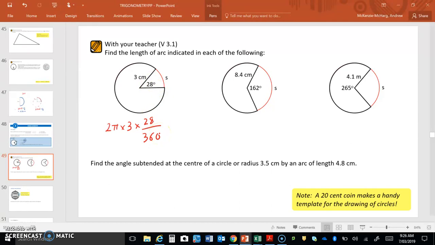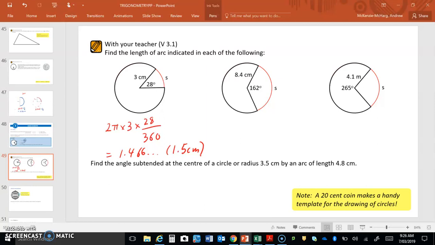Alright, so if you put that into the calculator and see what you get, and you might want to pause and do that for practice, but we get 1.466 and some more, so we'd say 1.5 centimeters, rounding to 1 decimal place.